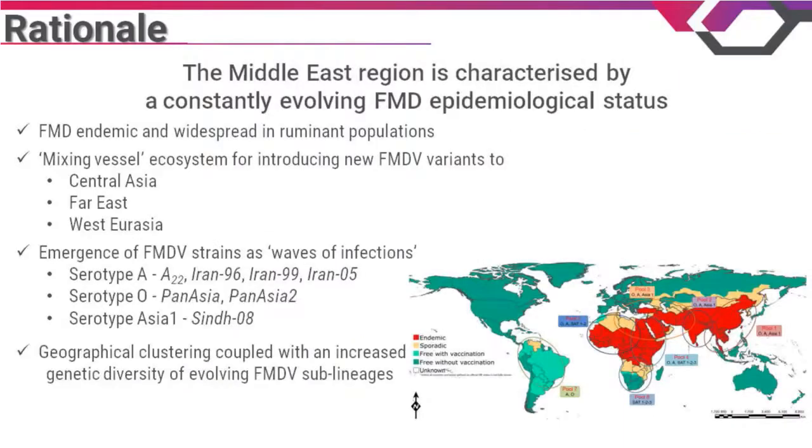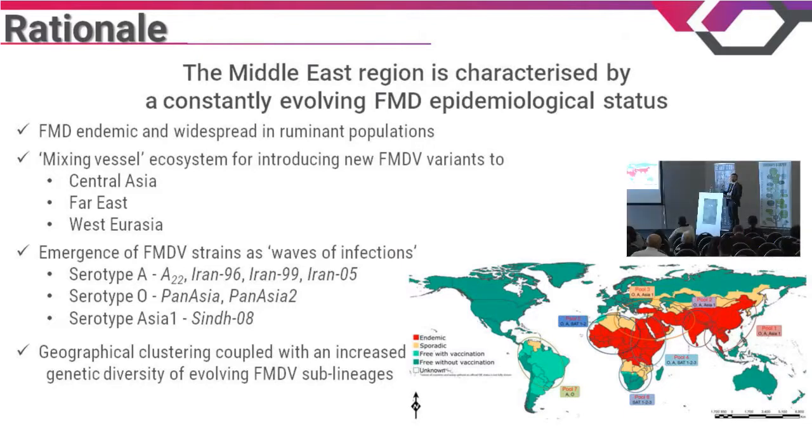Everyone knows that FMD is endemic in the Middle East region, with a constantly evolving epidemiological status. It is widespread in the ruminant population, and it is characterized by a transmission pathway of lineage movement coming from the Middle East region and going to Central Asia, the Far East, or Western Asia.